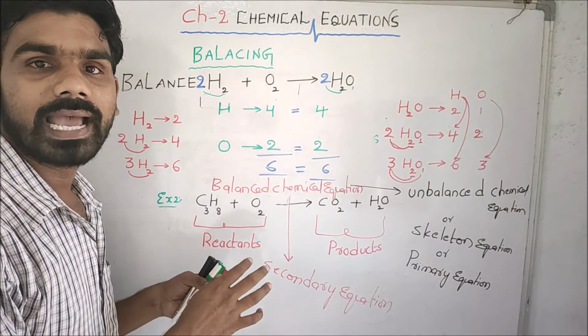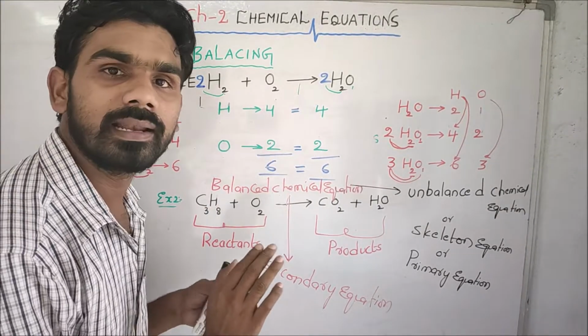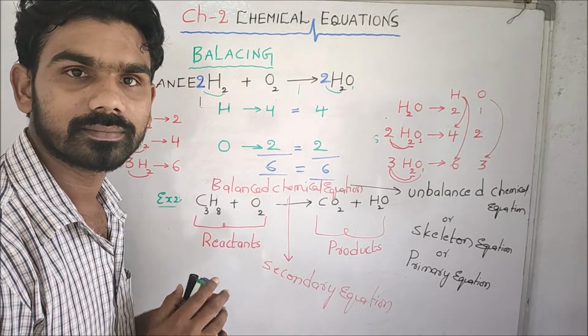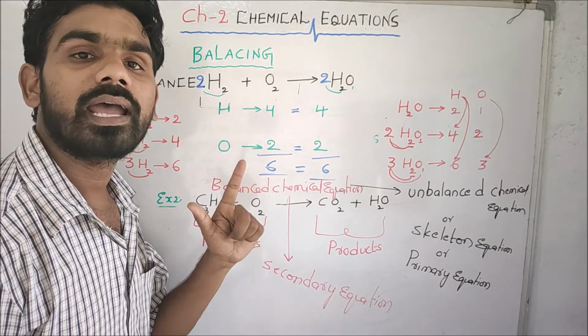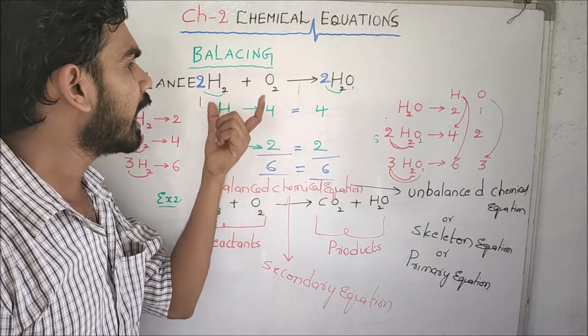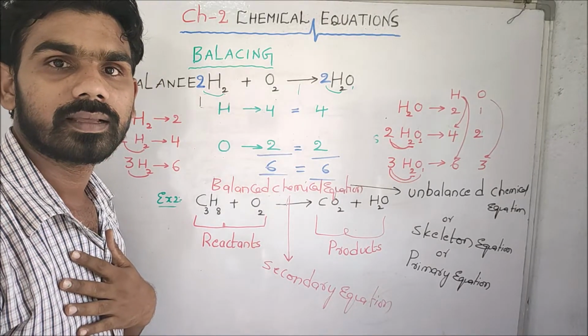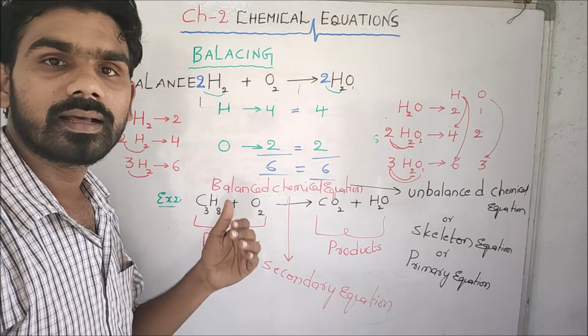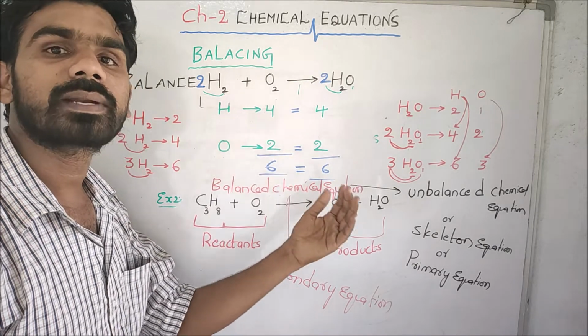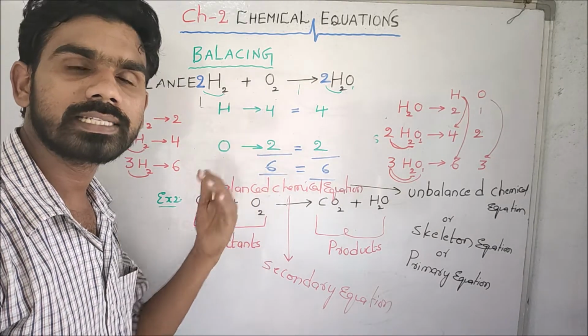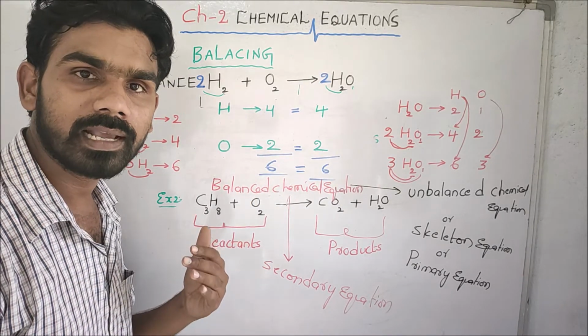Every chemical reaction is written in the form of a chemical equation. And second point, every chemical equation has reactants and products. The substances present on the left side of the arrow are called reactants.